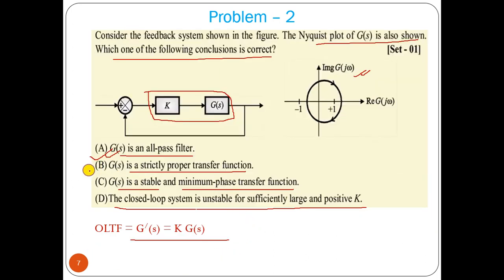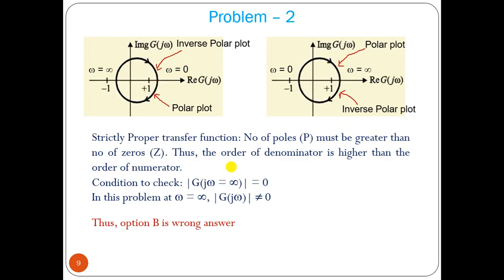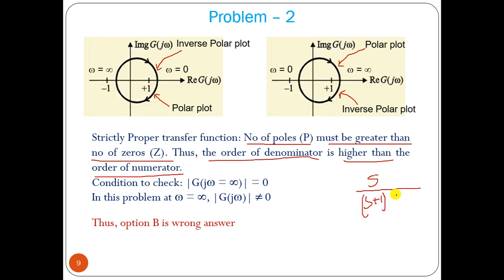Now let us check option B, strictly proper transfer function. Strictly proper transfer function means the number of poles must be greater than the number of zeros, and the order of the denominator is higher than the order of the numerator. For example, if we have 1 zero here, we must have 2 poles.